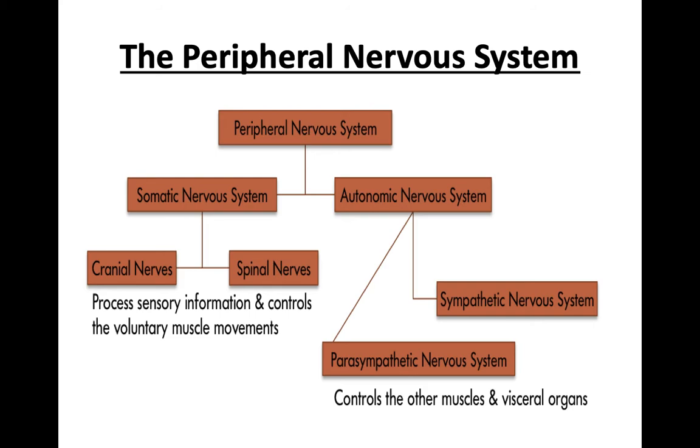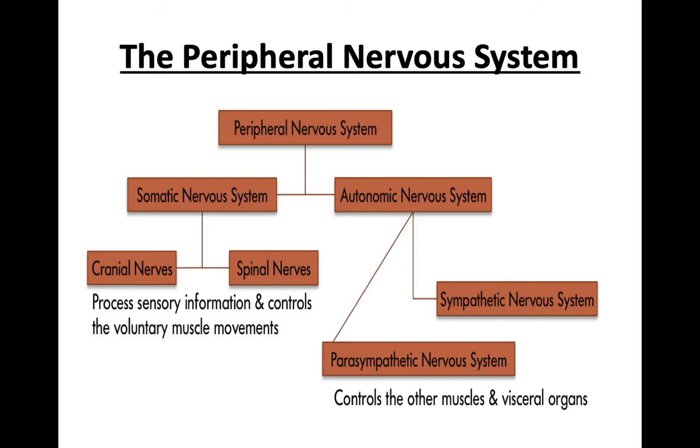The other, involuntary part of our peripheral nervous system is the autonomic nervous system. We've got two different parts of the autonomic nervous system, the sympathetic and the parasympathetic nervous system. Generally speaking, the autonomic nervous system is responsible for all the things that we do automatically.